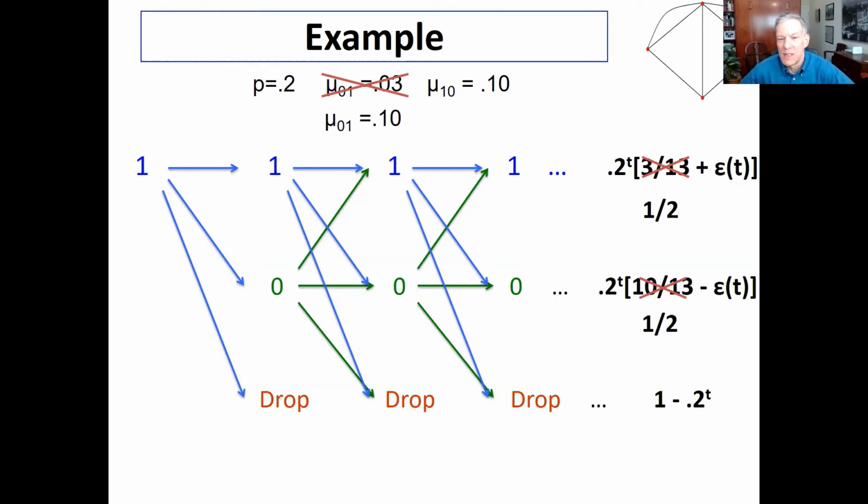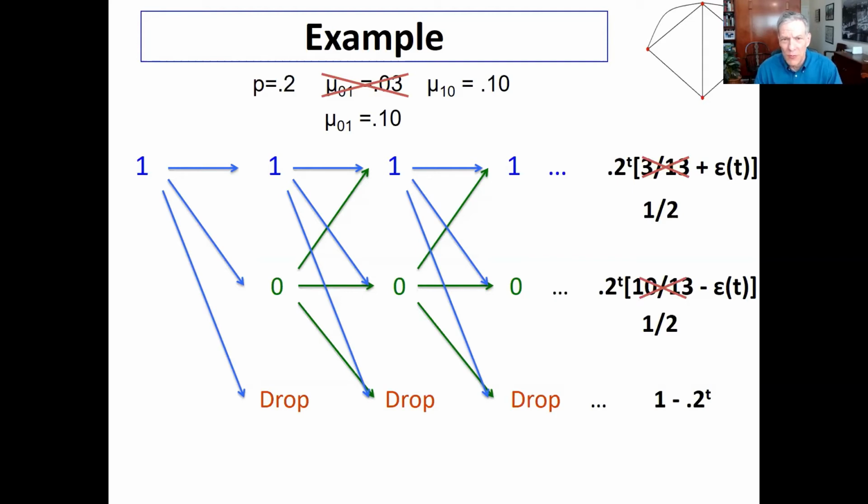If I'm seeing a slightly larger ratio of ones to zeros, then I think it must be state 1 because they're more likely to start out as ones. In the other case, it's more likely to be zeros. But now uncertainty about these mu's obscures that, because I'm not sure what that ratio should be.